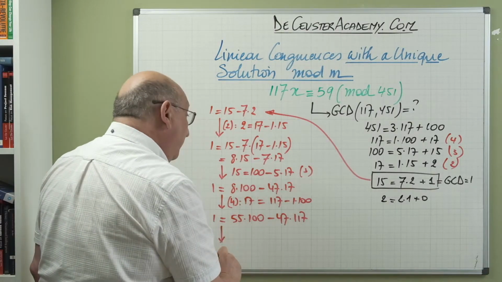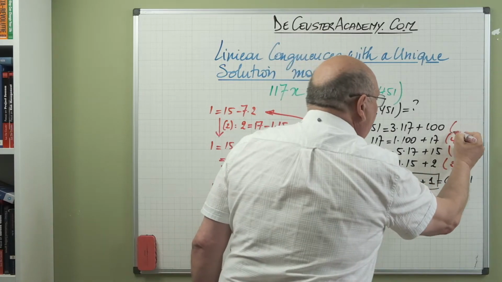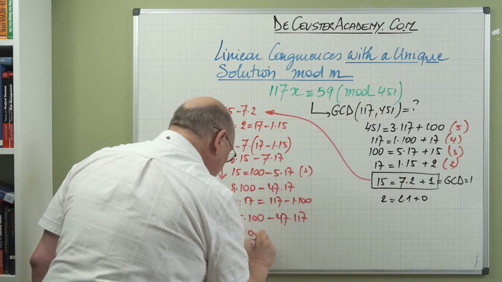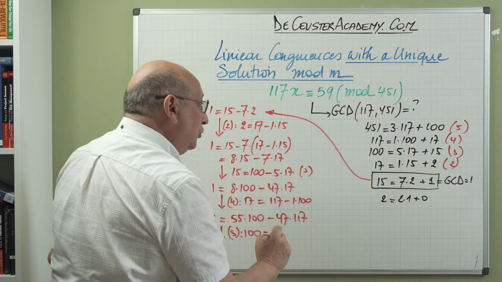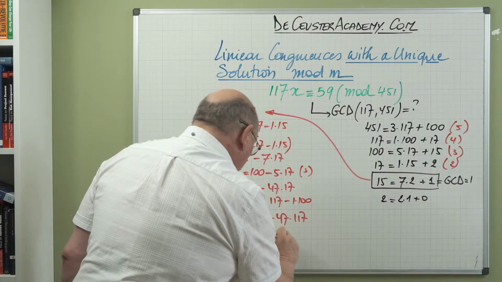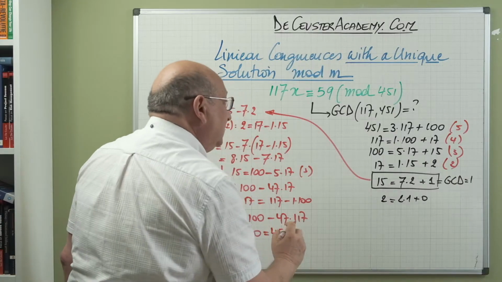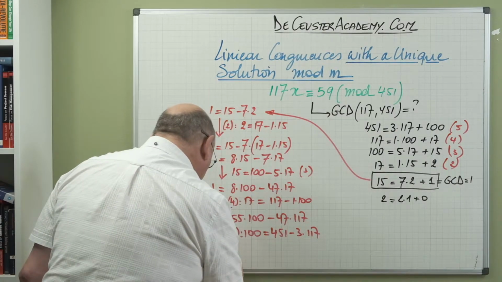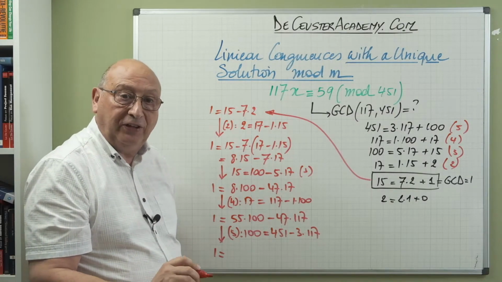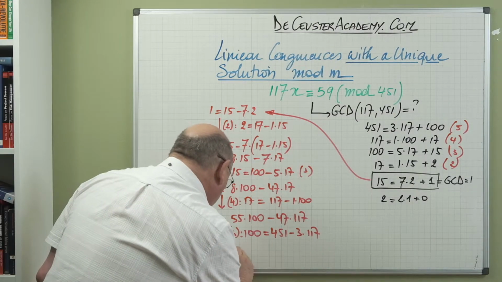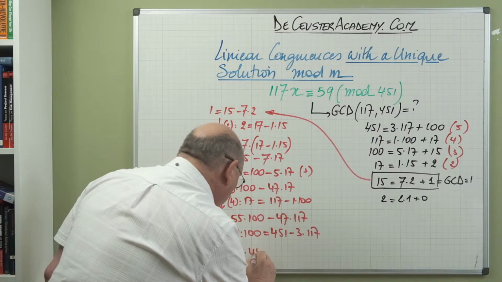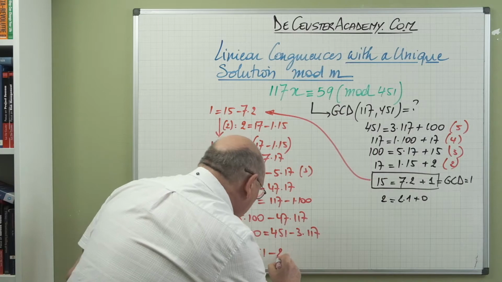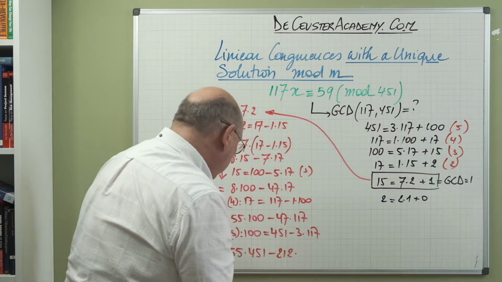And in the last one, we have the fifth equation here. In the fifth equation, we have 100 is equal to 451 minus 3 times 117. And the final result that we have here is 55 times 451 minus 212 times 117.